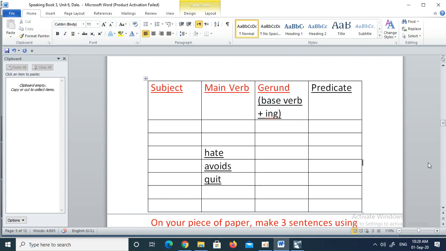You just have to make 3 sentences, 1, 2, and 3, using this pattern: subject, main verb, gerund, and predicate. And I have given you the 3 main verbs. In your first sentence, use the verb hate. In the second, avoids. And in the third one, quit.